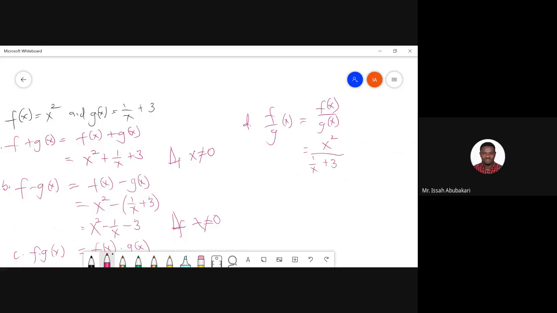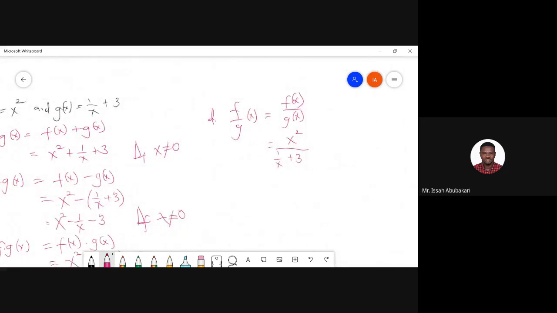Now let's try to manipulate it to get the final answer. But before that, let's find the LCM of the denominator. Let's solve only the denominator first, or the g of x. The denominator of g of x is going to be x, so we are going to have 1 plus 3x, like this, over x.